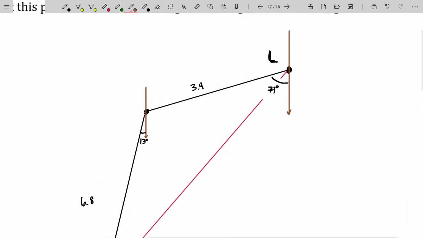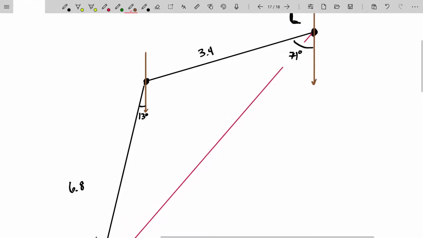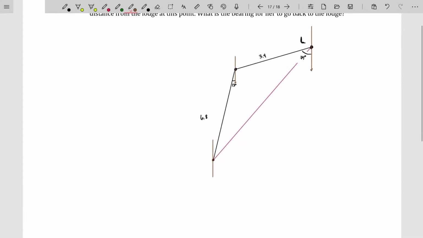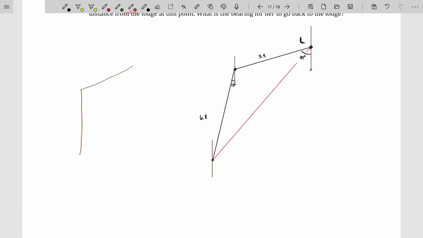You don't have everything you need yet, because you need 3 pieces to solve a triangle. If I draw this triangle off to the side, not to scale, I only have 2 real pieces of information, 3.4 and 6.8. So I'll need another piece of information.